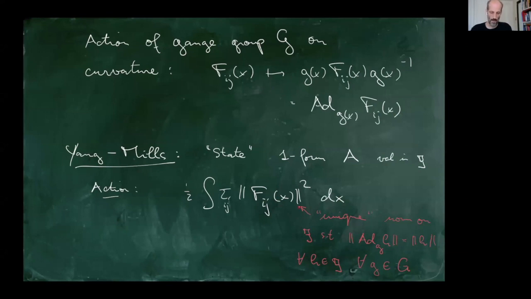Okay. And that's what you want, right? That's the thing you want, because we wanted some theory which is invariant under the action of the gauge group. The gauge group is supposed to be a symmetry, and so you wouldn't want the action to actually change when you act on it with the gauge group.